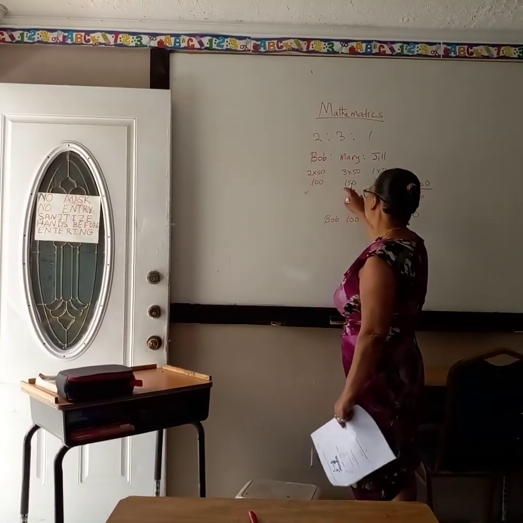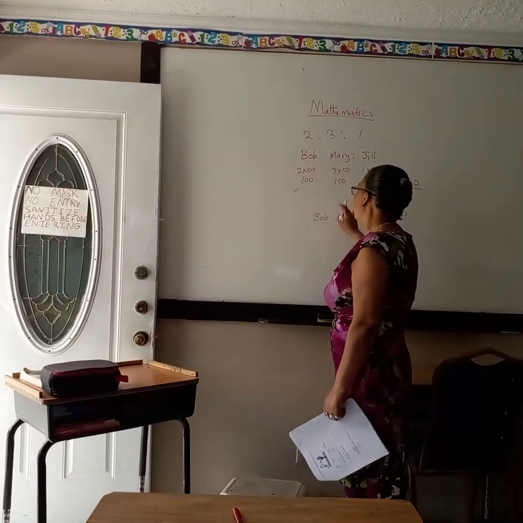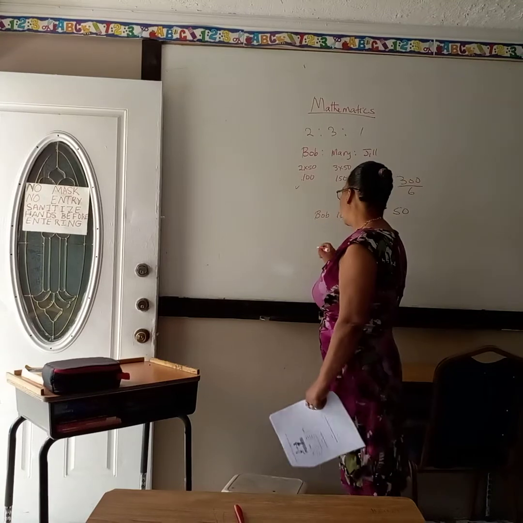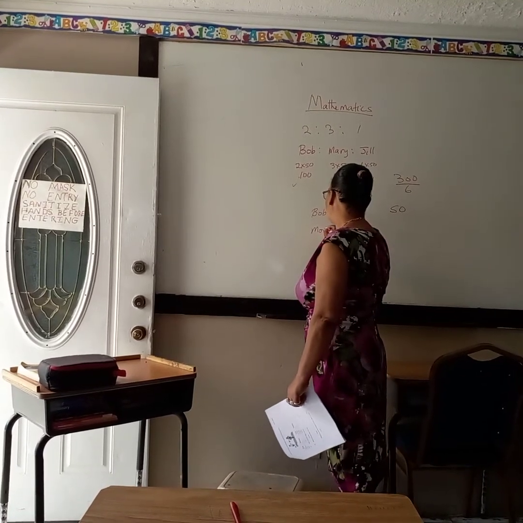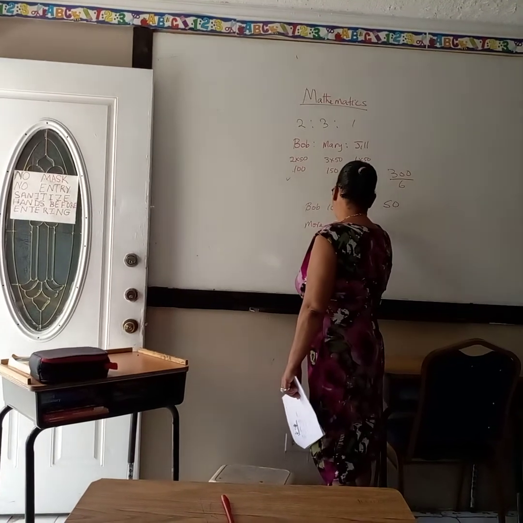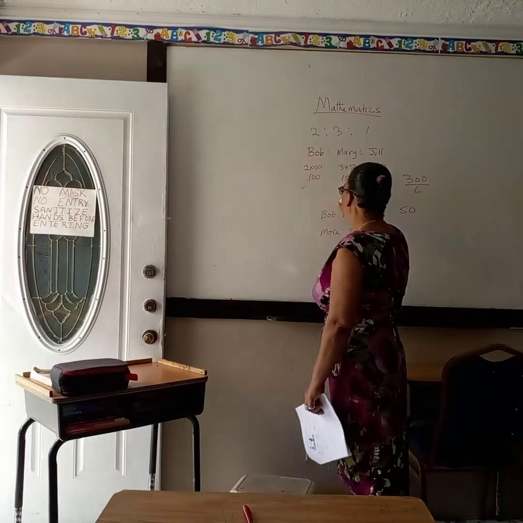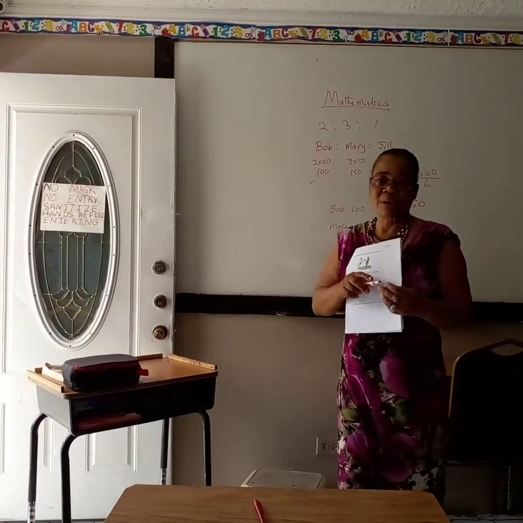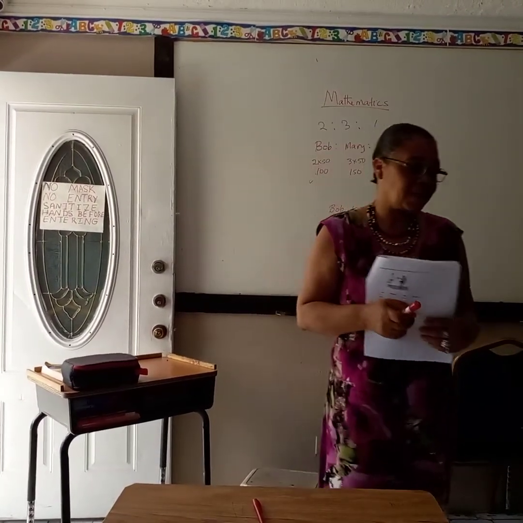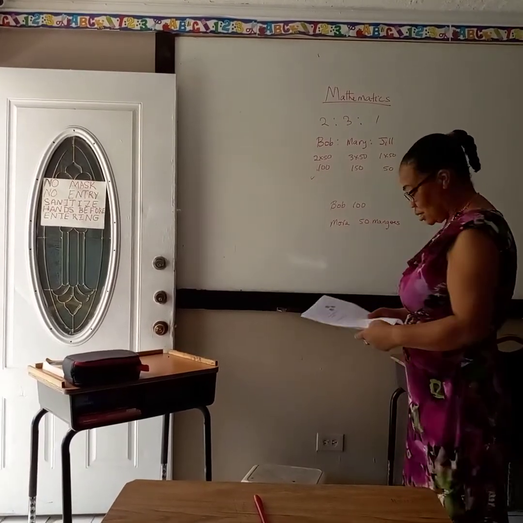Mary received 150. So if Bob has 100 and Mary has 150, then how many more? 50 mangoes more. Now I saw somebody having the correct answer for the second part, but not the first part, and I'm not sure how that happens, because you really have to get the first part correct before you could get the second part.